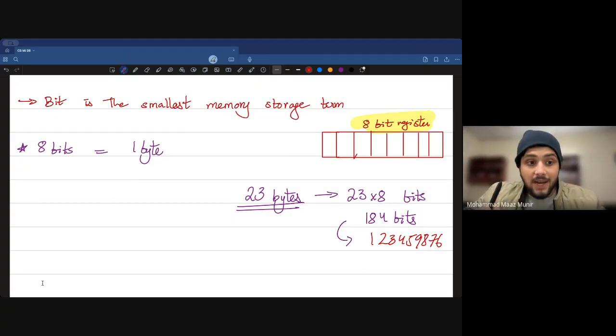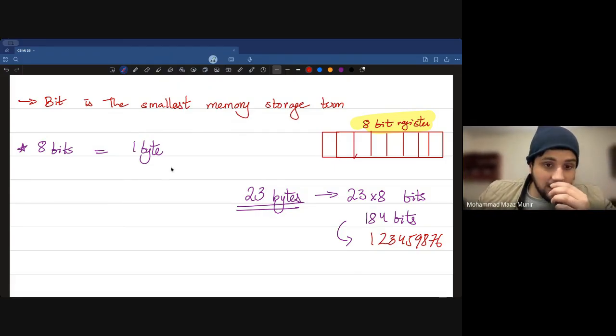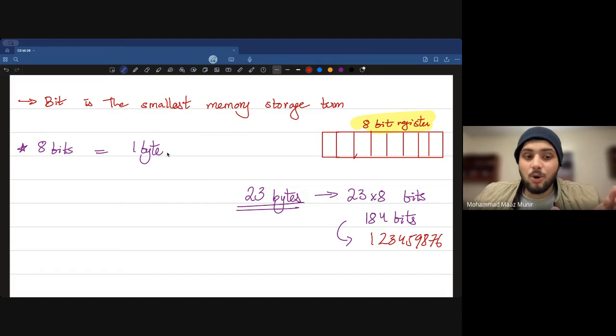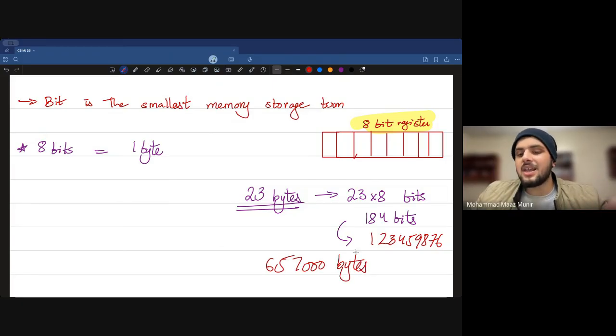Kilobyte, it's not byte, it's kilobyte. अब kilobyte क्या उसके ऊपर आता है. But this means that one image is basically occupying such a large space. This is basically because our number of bits or 1 byte is not enough to store all of that data. And so if I have to represent a very big file, this file might have been 657,000 bytes. So अब इस तरह लिखना बहुत मुश्किल हो गया था.